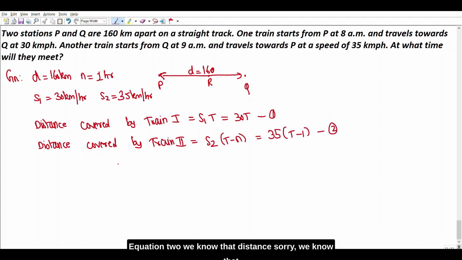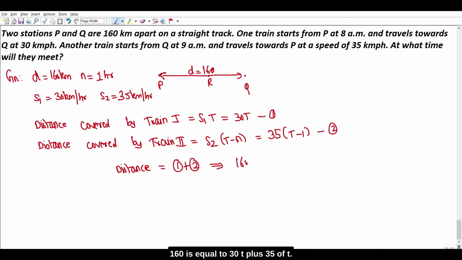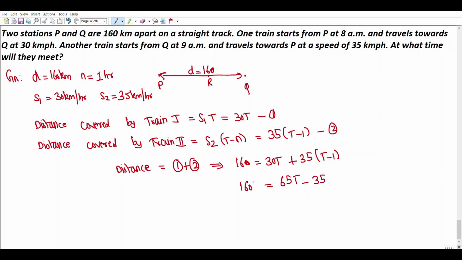We know that total distance is equal to 1 plus 2, which implies 160 is equal to 30t plus 35 of (t minus 1), which gives 65t minus 35 is equal to 160.